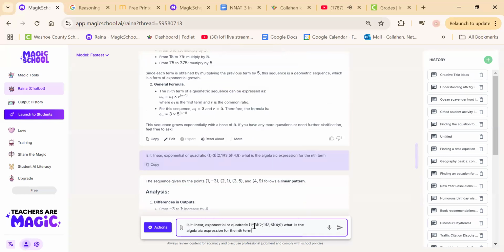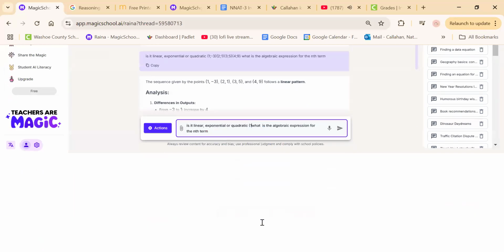So is it linear, exponential, quadratic? What are the points again? 1 and 5, and then 2 and 8, okay, and then 3 and 13, okay, and then 4 and 20.